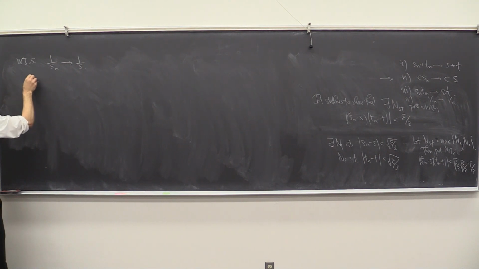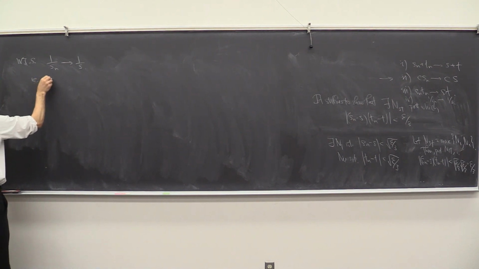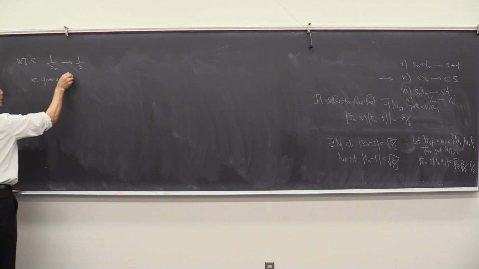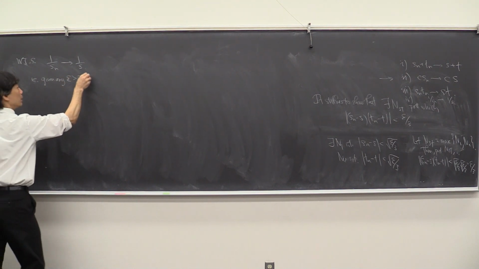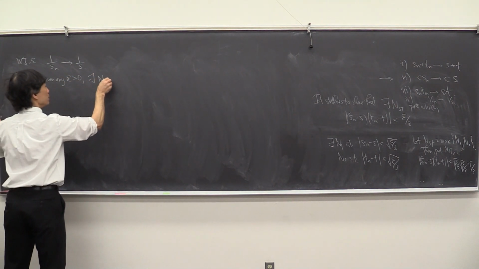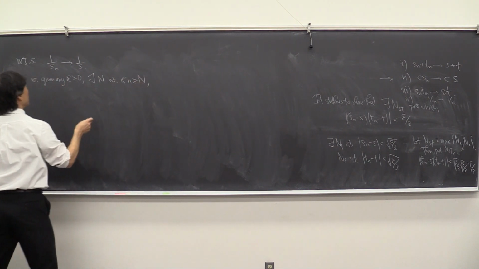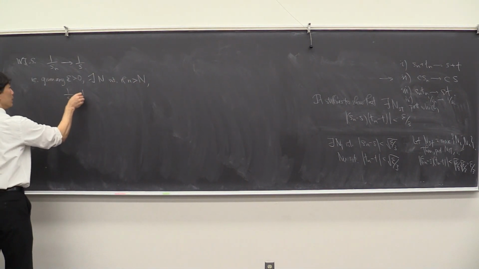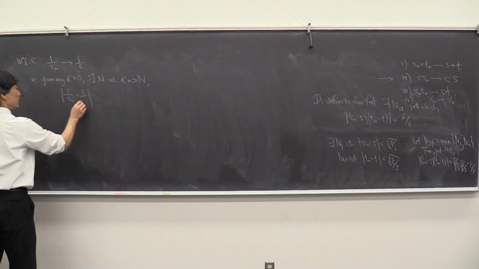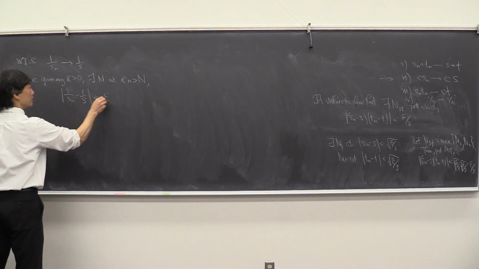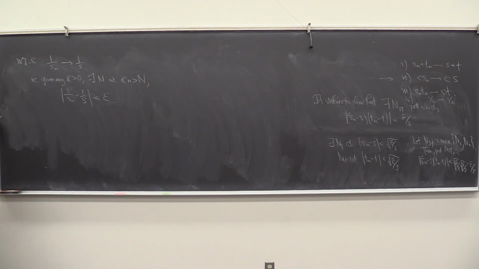In other words, that given any epsilon greater than 0, there is a time such that if you pass that time, then this thing is smaller than epsilon.